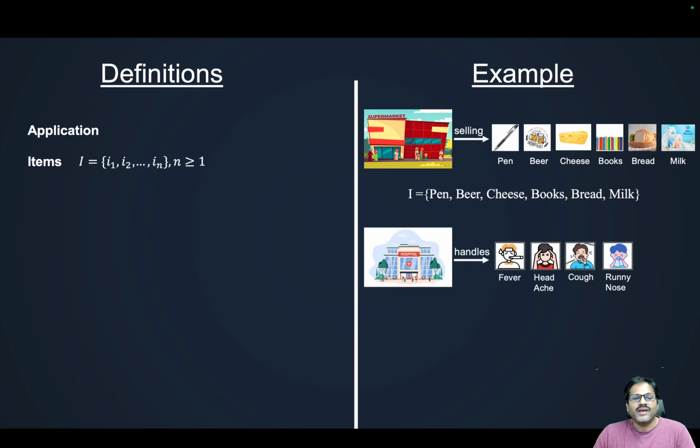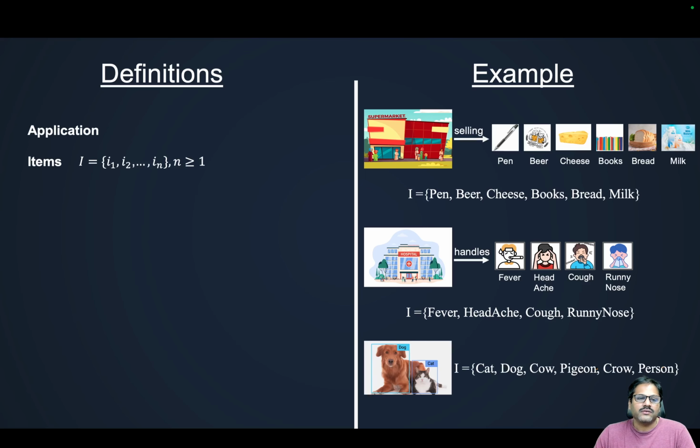Similarly, if we consider a healthcare system, then the items represent the diseases such as fever, headache, cough, and running nose. Finally, if we are talking about object detection in the imagery data, then the items represent various objects an object detection algorithm is going to identify.